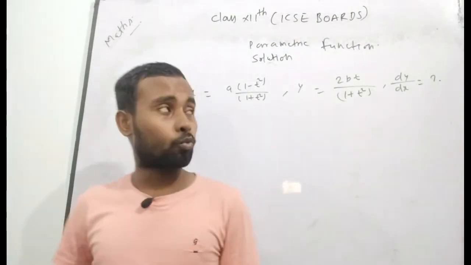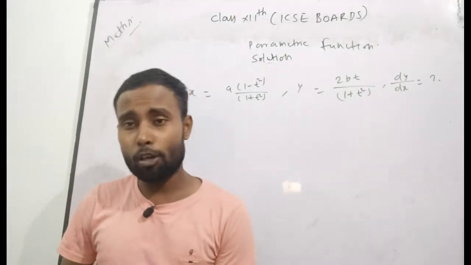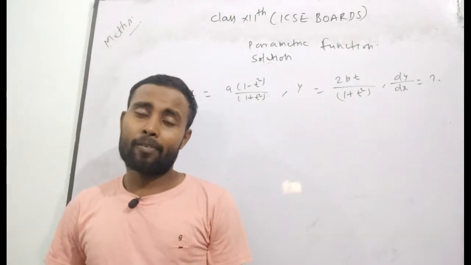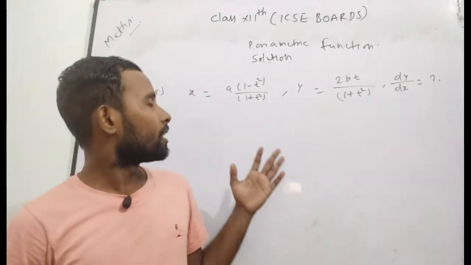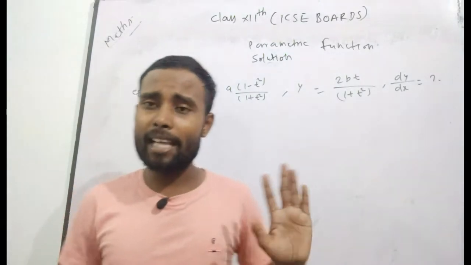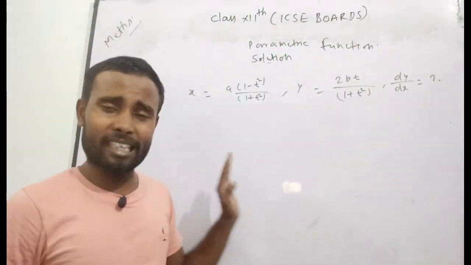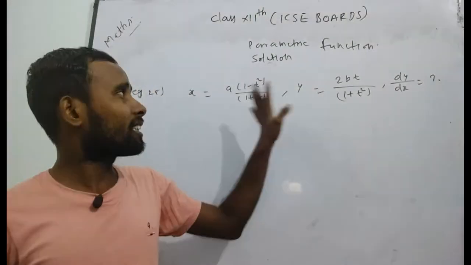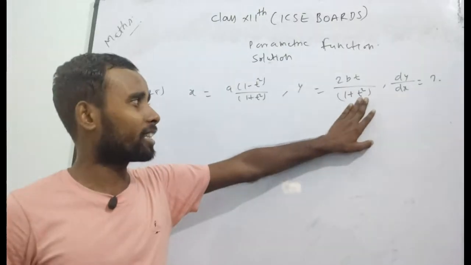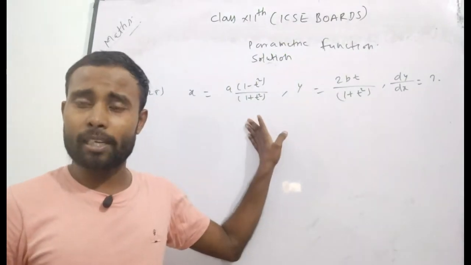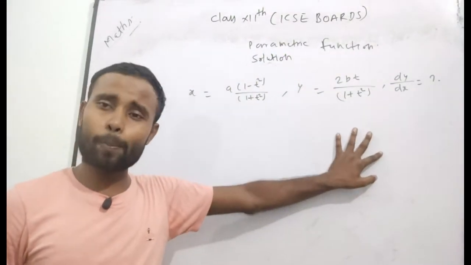Now, if you see in this question, you can solve it by two methods. The first method will be the general method. As I have already told you many times, here a and b are constants.